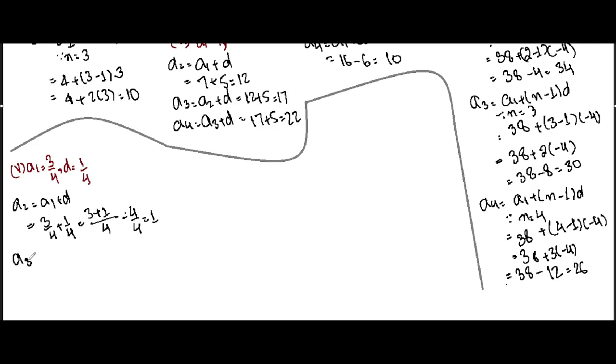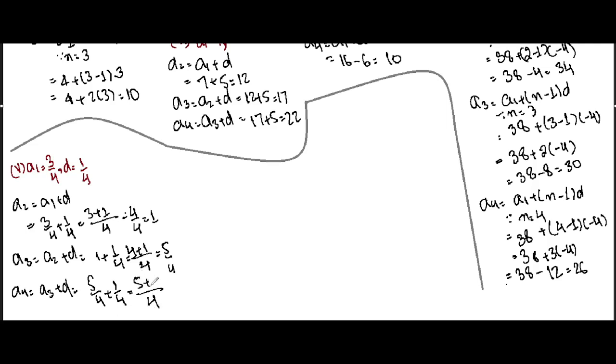Now A3 equals A2 plus D, which is equal to A2 is 1 plus D is 1 by 4. Again, 4 is taken as LCM, 4 plus 1 is equal to 5 by 4. Then we have A4 equals A3 plus D, A3 is 5 by 4 and D is 1 by 4. So 4 is taken as LCM, 5 plus 1, which is equal to 6 by 4, which is equal to 3 by 2.